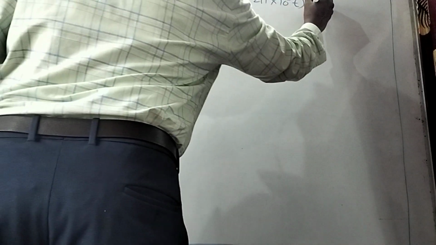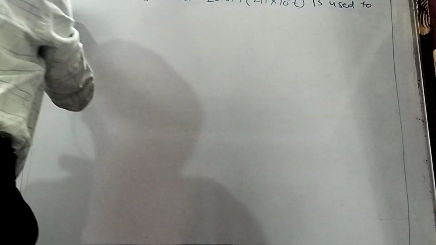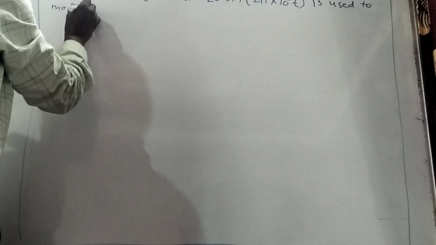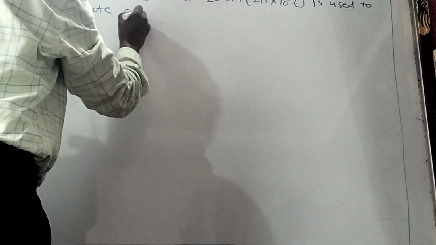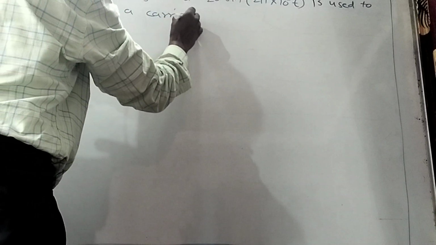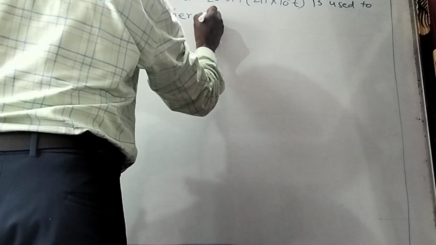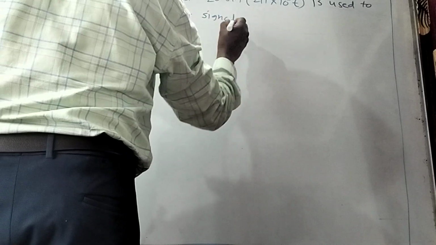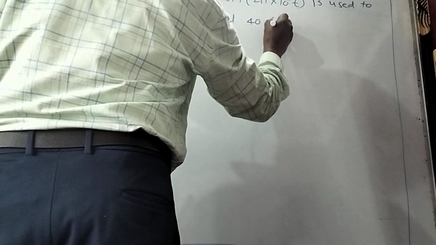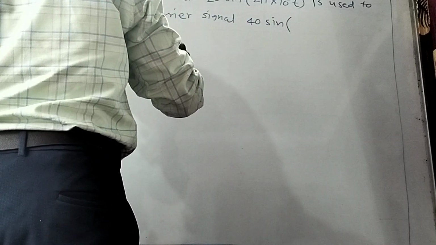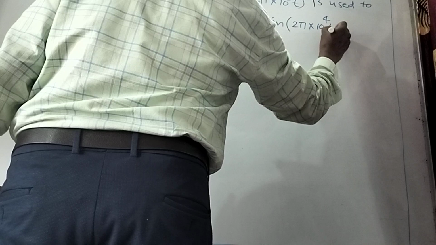It is used to modulate a carrier signal 40 into sine of 2 pi into 10 raised to 4t.